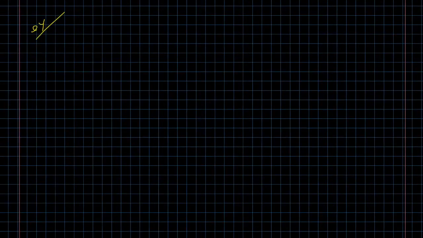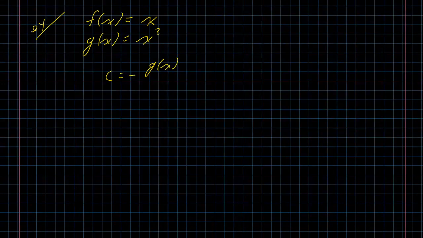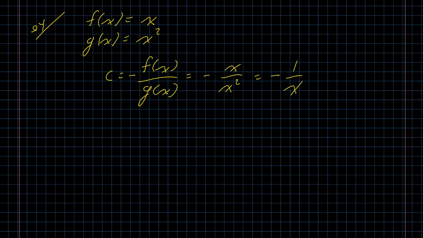As another example, let's take a look at f of x is equal to x and g of x is equal to x squared. Well, we saw before that we're going to be looking at a constant c, which is the negative of, writing this backwards, sorry, f of x over g of x. And if we plug in, this is the negative of x over x squared, which is the negative of 1 over x.